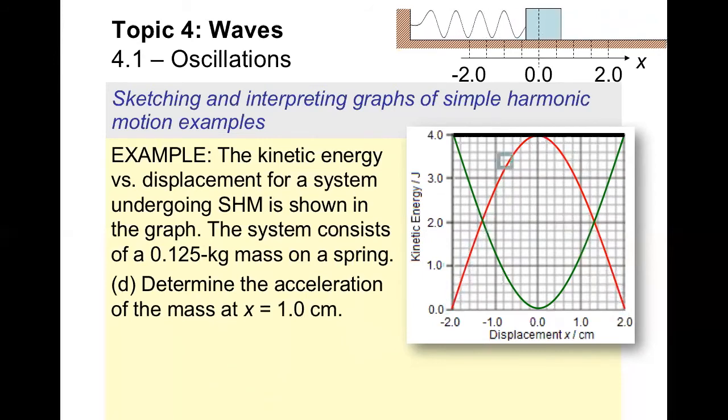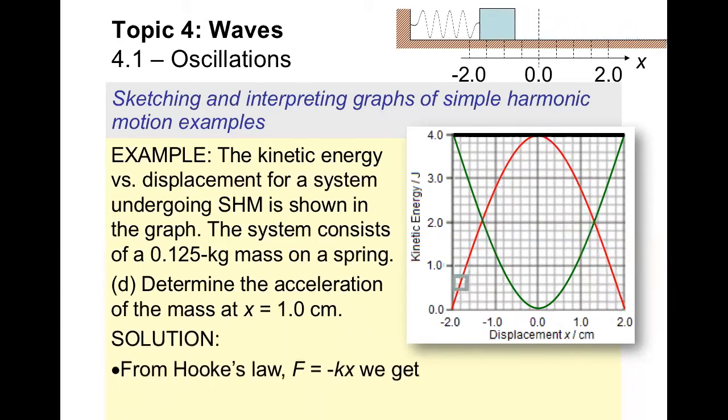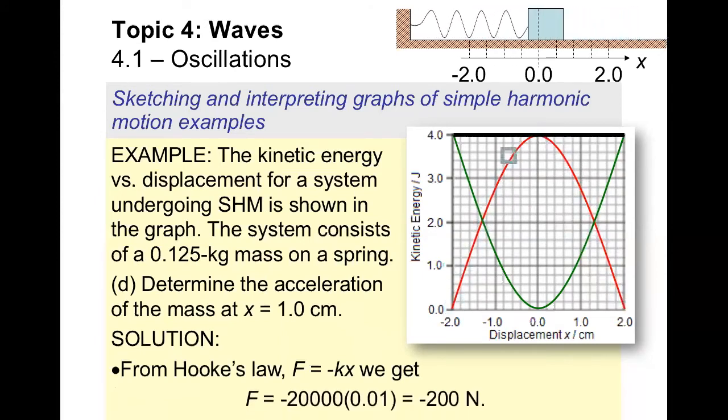Determine the acceleration of the mass at x equals 1 centimeter. So what is the acceleration at 1 centimeter? From Hooke's law, we know that F is equal to negative kx. This is the formula from the previous video. Since we already have the k and the x, we can determine the force, which is negative 200 newtons.